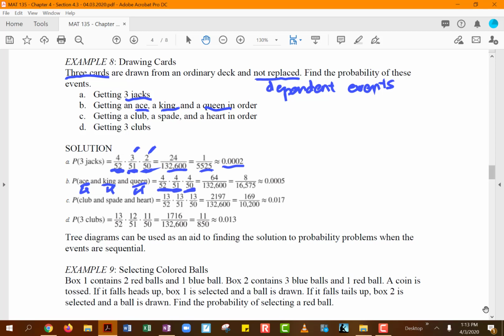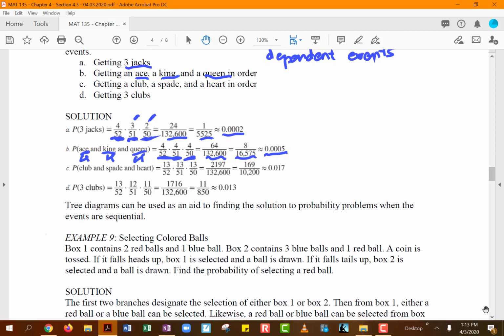And that ends up giving you, when you multiply, 64 over 132,600, and then reducing that fraction gives you 8 over 16,575, or as a decimal, 0.0005. So again, really small probabilities, really small chances that these events can happen.